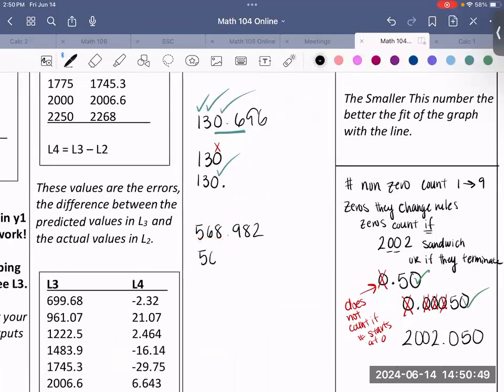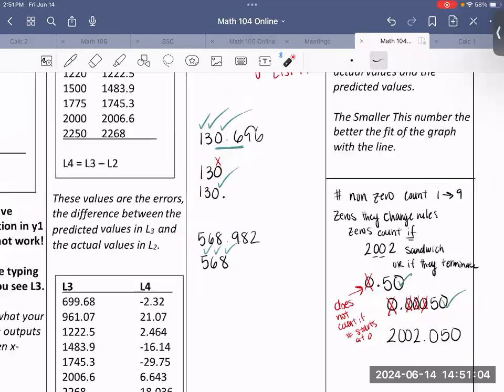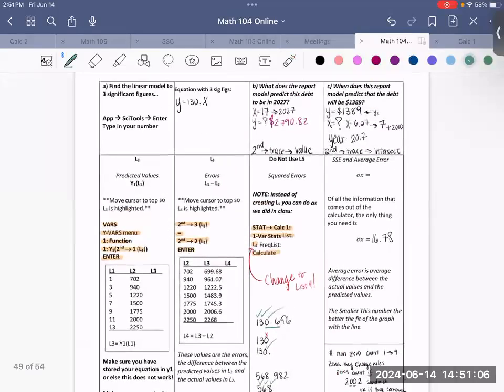So it's 5, 6, 8. All 3 count. So really this one is the biggest hang up as far as significant figures. I try not to put too many sig figs in your homework. We're kind of transitioning away from that. There you have it, 3 significant figures.